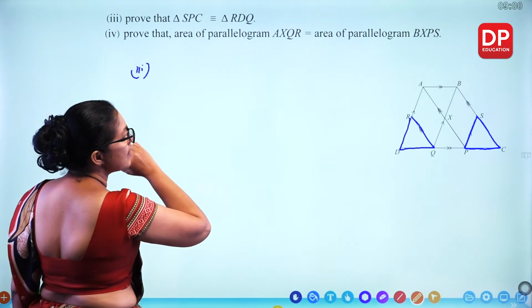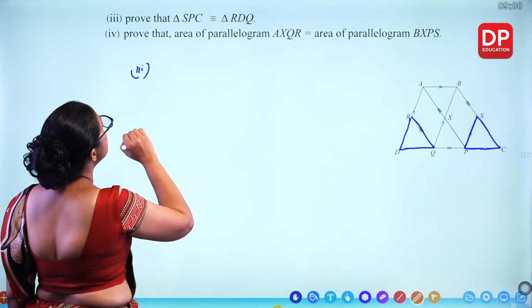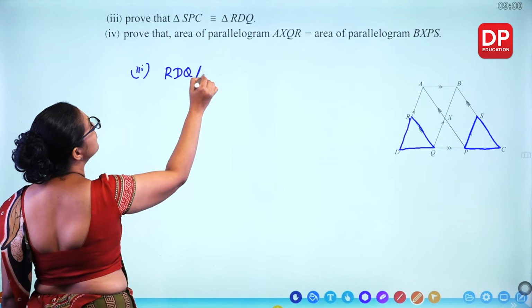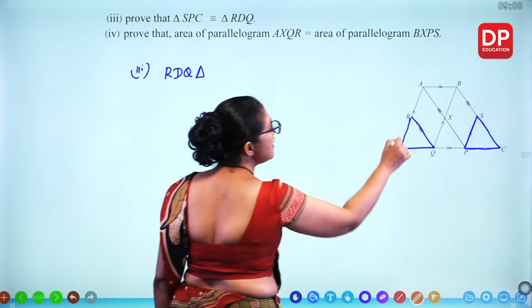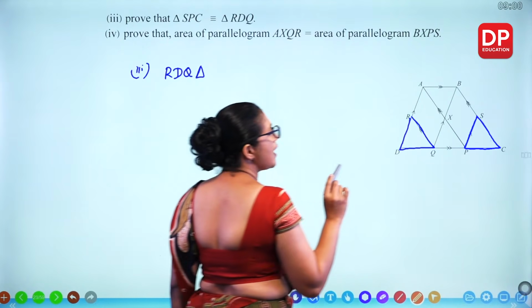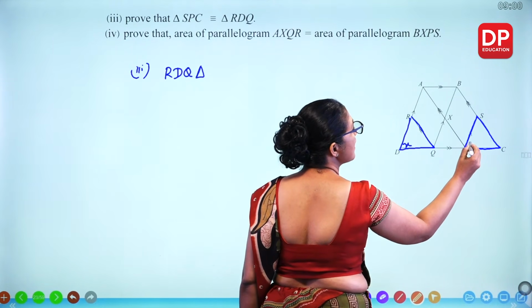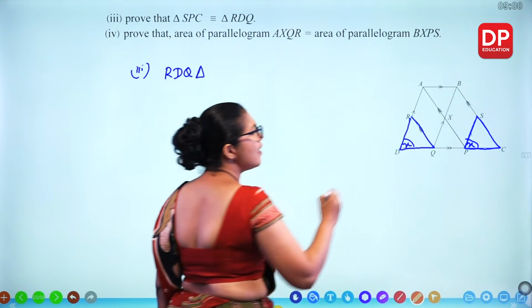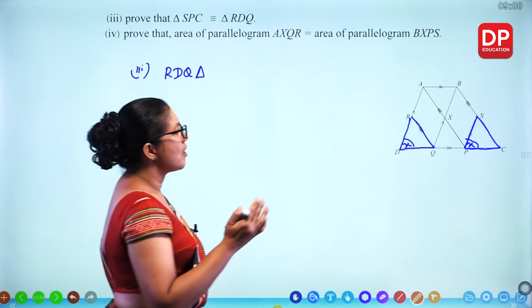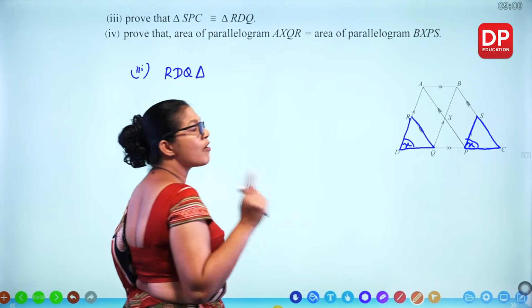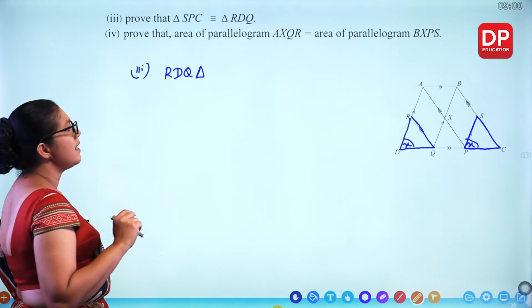We'll first take triangle RDQ. When you take triangle RDQ, what can you say about this angle and this angle? Both are equal because this line is parallel to this line, so corresponding angles are equal.